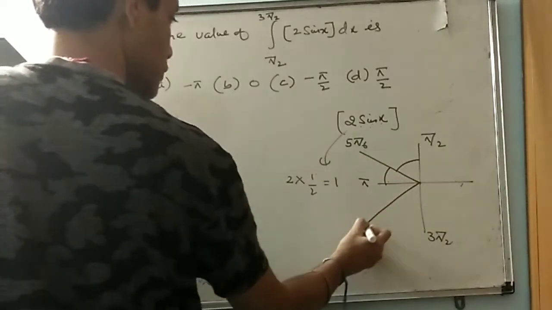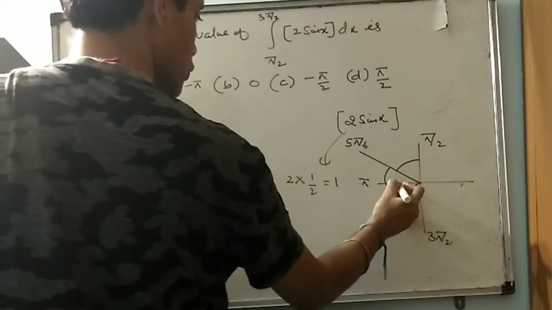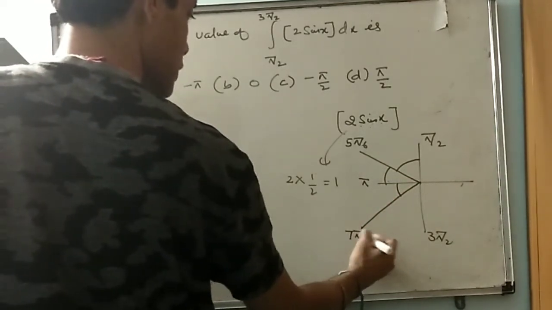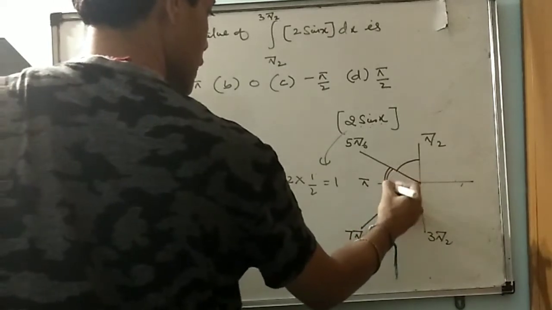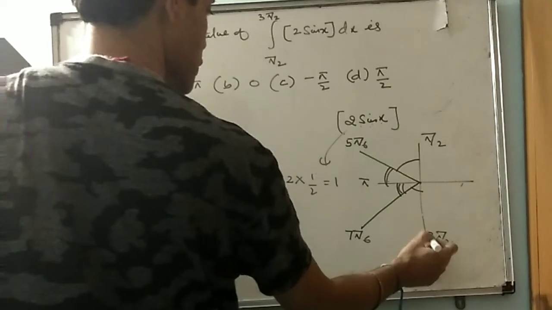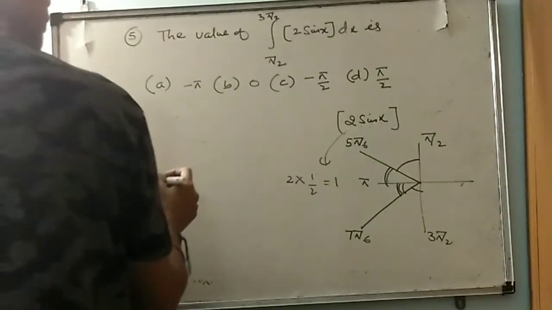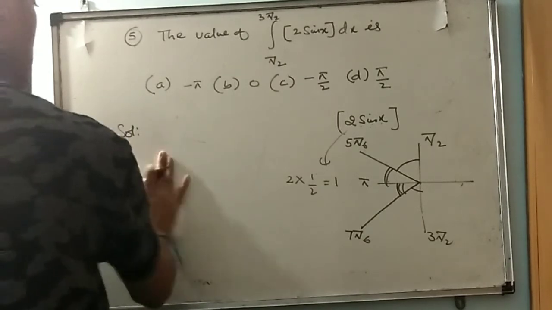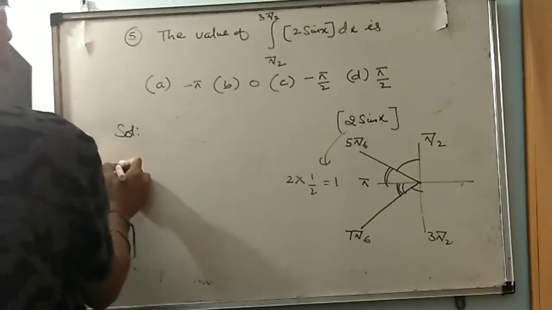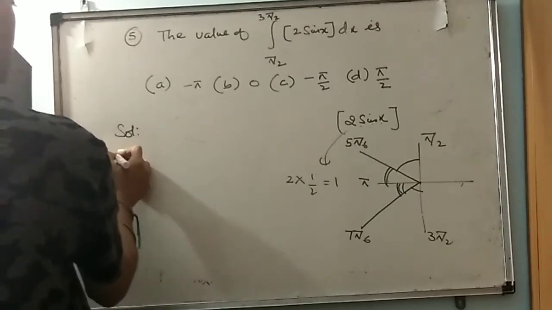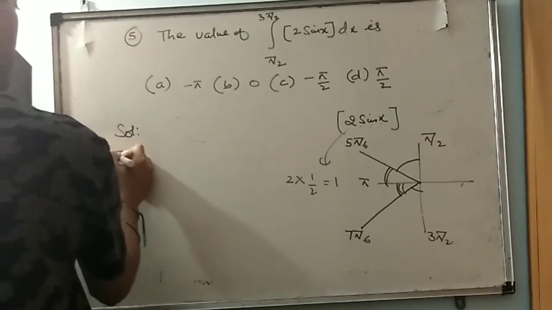After that, once again need to look for that 30 degree utilization, that is pi to 7 pi by 6, and then finally this part 7 pi by 6 to 3 pi by 2. So these are the 4 possibilities, starting with pi by 2 to 5 pi by 6.